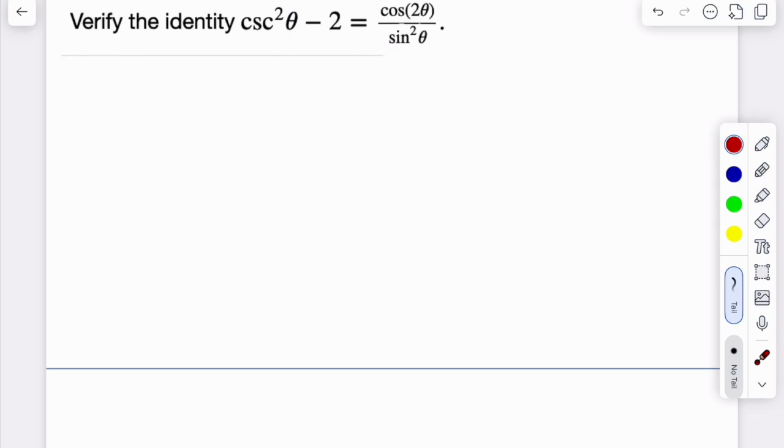Alright guys, now the last identity we're going to verify before we get into a video that's going to be a lot harder with a lot more realistic examples is cosec squared theta minus 2 is equal to cos 2 theta over sine squared theta. Okay, so here we can say this.